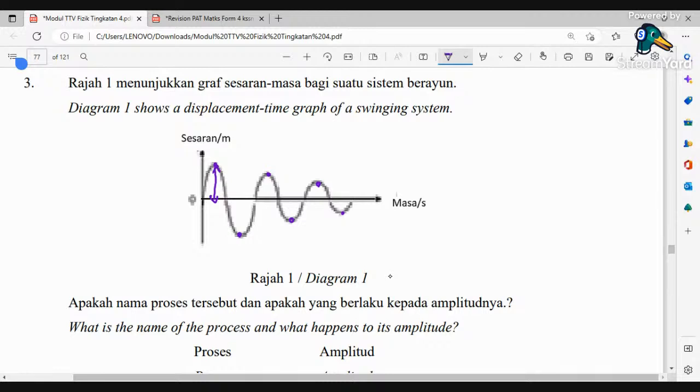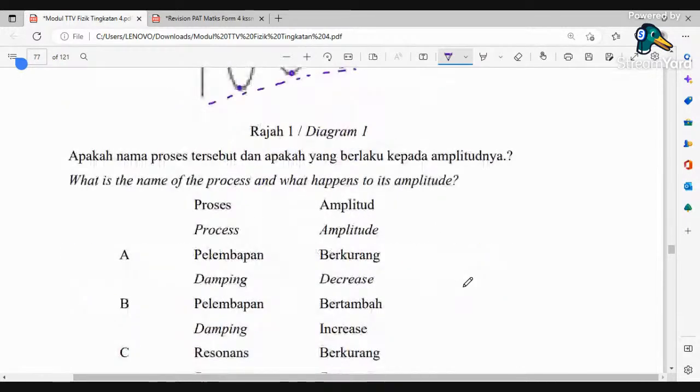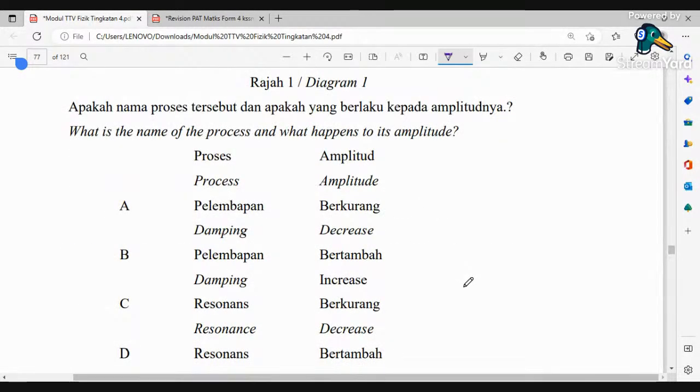You can see from 0, the value of amplitude decreases. When amplitude decreases with time, we call it damping. So look at the answer: damping, amplitude decreases. The answer should be A.